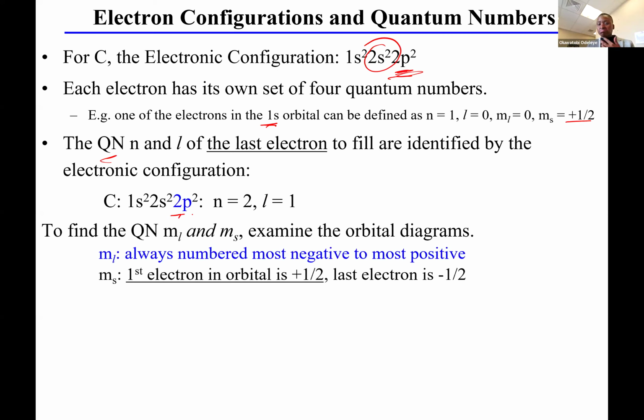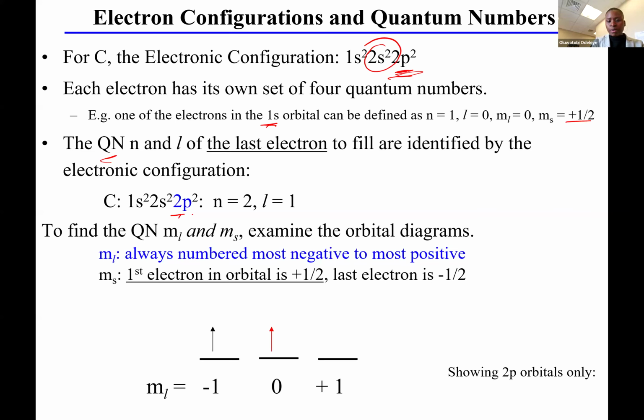And m sub l would need to be, okay, here's how I'd write out m sub l. Because l is 1, m sub l can be -1, 0, and 1. This is how I would write it out, and I know that there are 2 electrons going in there.